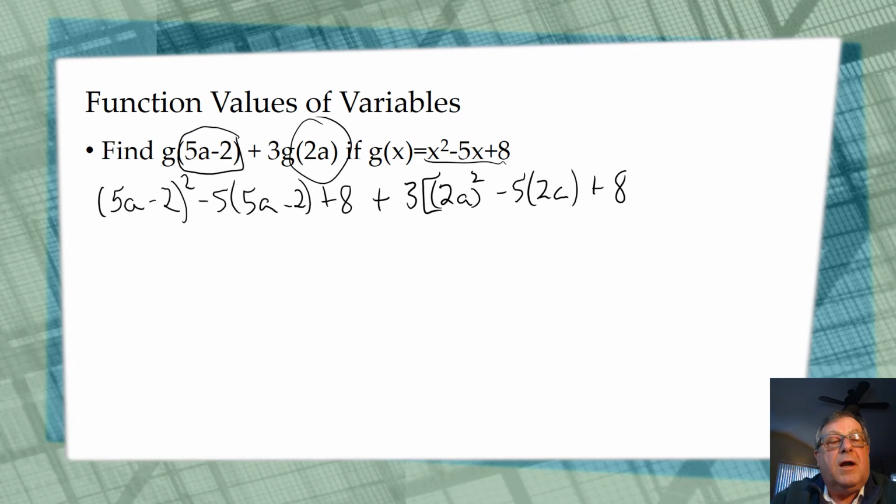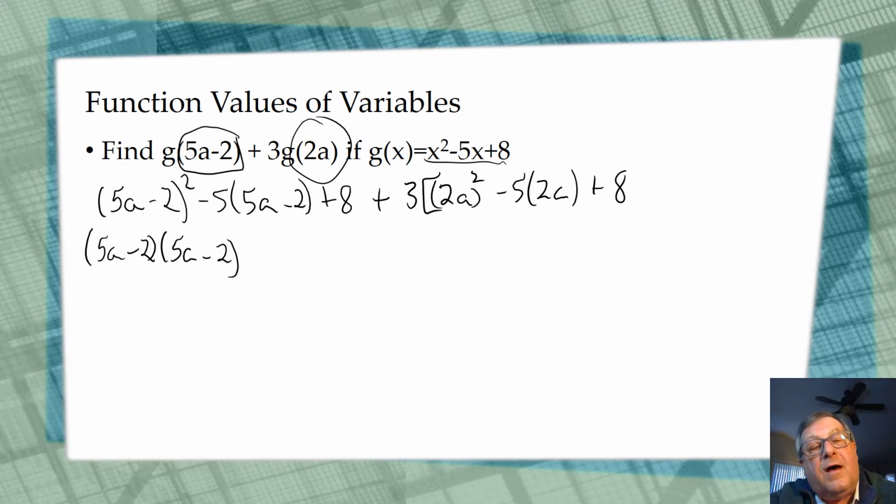Okay, well, let's just proceed right to left. I'm going to first set this up as 5a minus 2 times 5a minus 2. I'm going to go ahead and multiply negative 5 times 5a. So that's going to give me negative 25a. And then negative 5 times negative 2 is going to give me a positive 10 plus 8.